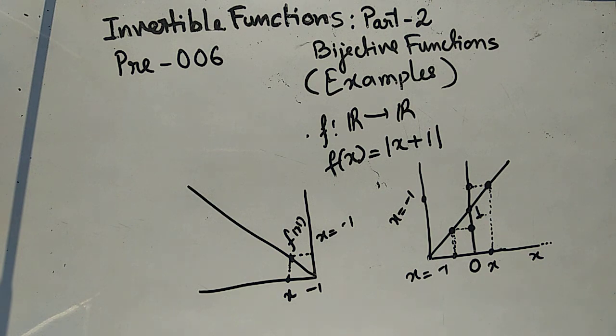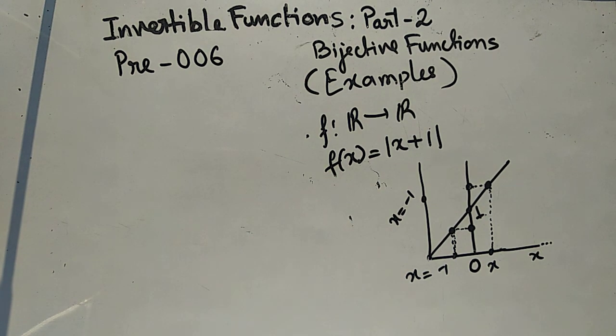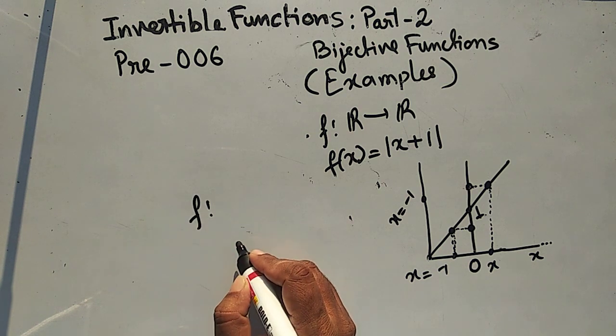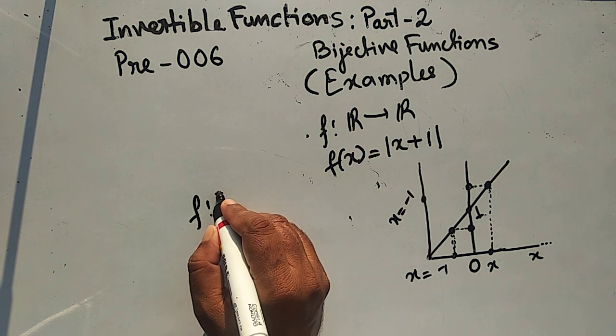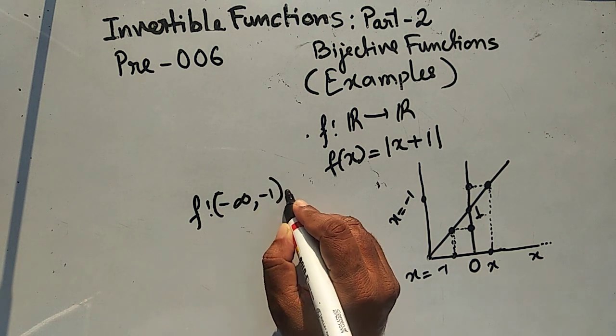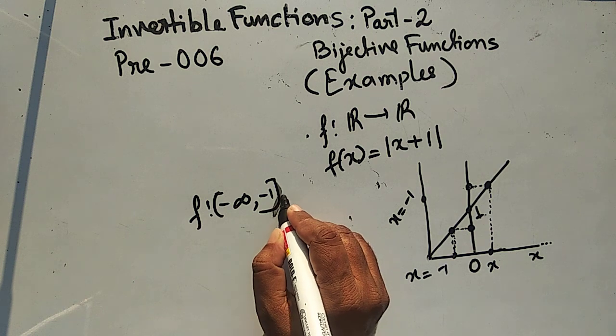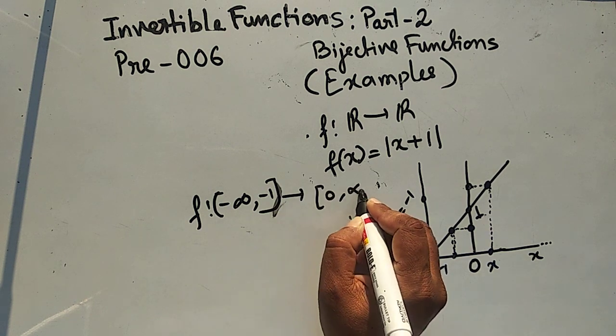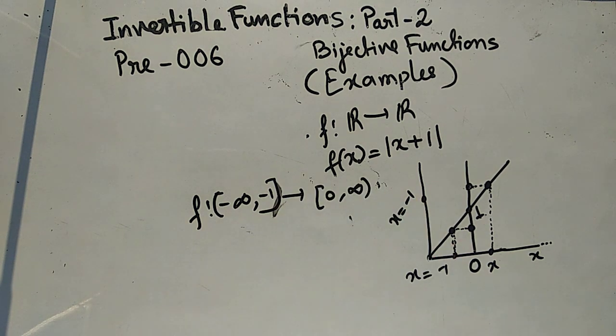So if I define the map f from -infinity to -1 closed, with codomain 0 to infinity, then with the same definition the map is 1-1 and onto.